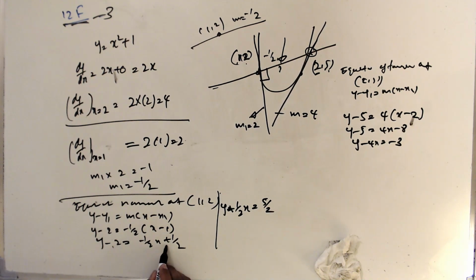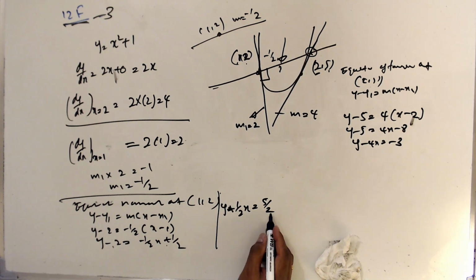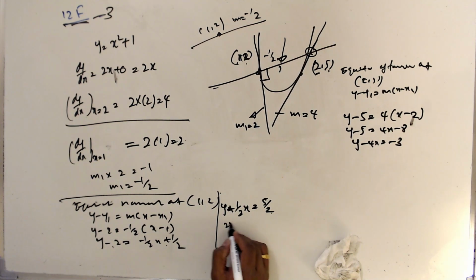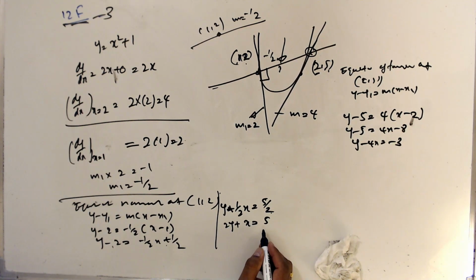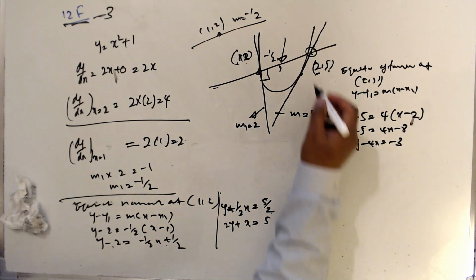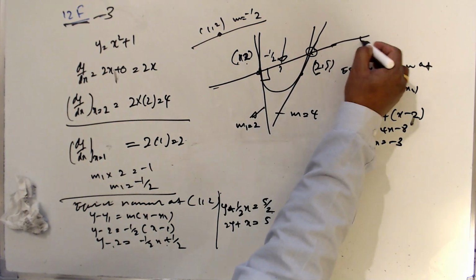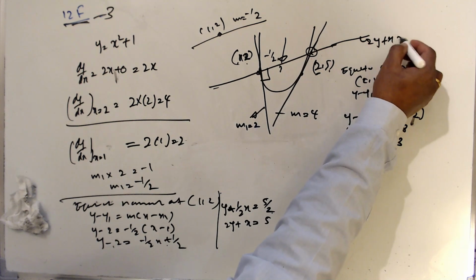Minus 2 to the other side is 2. 2 plus half, 2.5, means 5 over 2. Then multiply by 2 throughout, 2y plus x equals 5. Let me check my calculation now. So the equation of this line is 2y plus x equals 5.